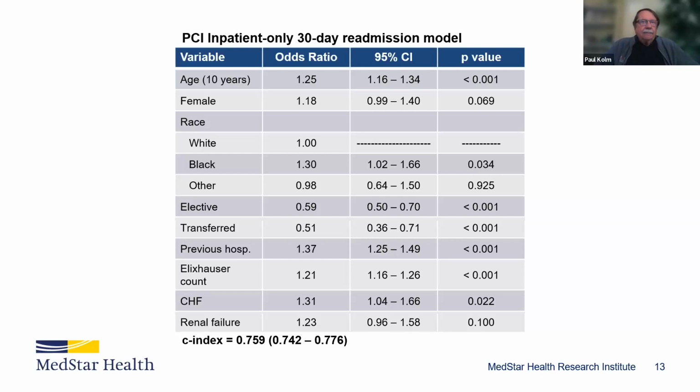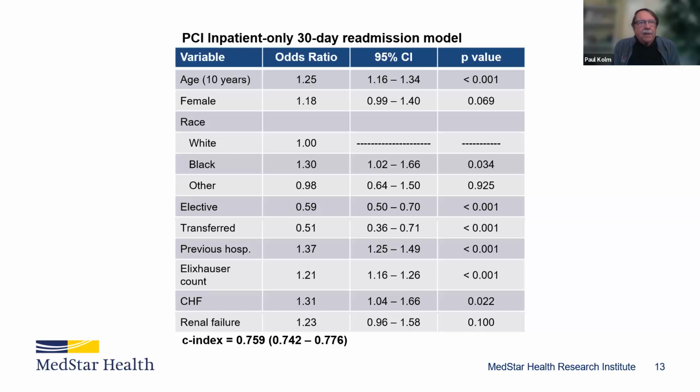So in this case, the odds ratio of 1.21 means that for every increase in the number of comorbidities, the odds of being readmitted increases by 20%.